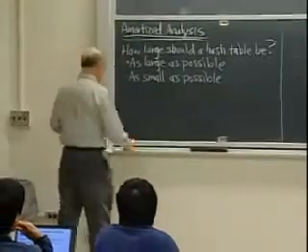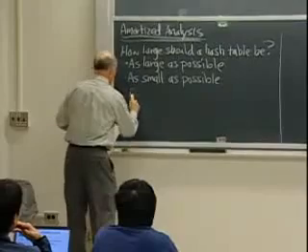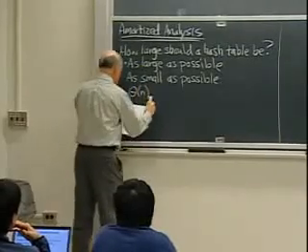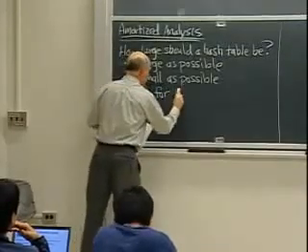Okay, and the happy medium, as we've discussed in our analysis, is to make it order n size for n items.